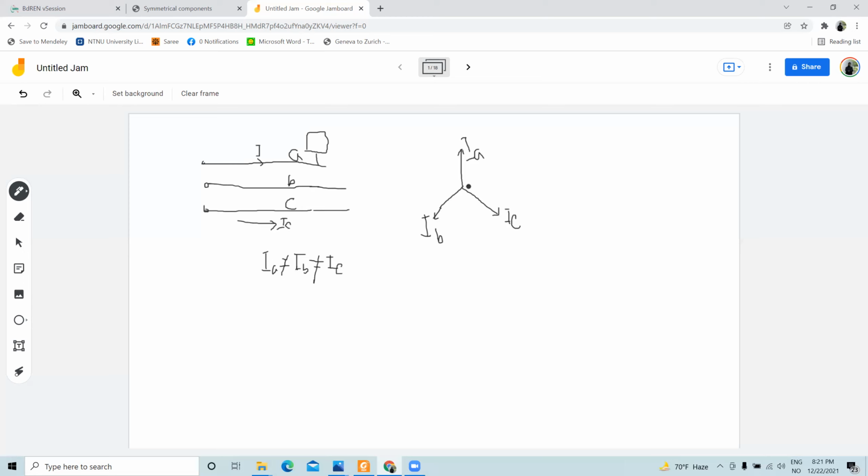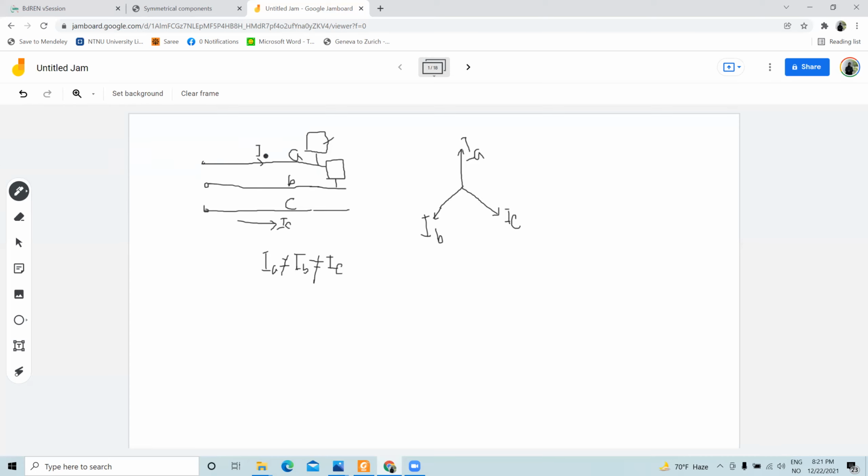So in a balanced system, this is ideally in normal conditions. This is almost never the case, because you can assume that one of the phases is connected probably to a large building or to large loads, and the other phases are connected to small loads.